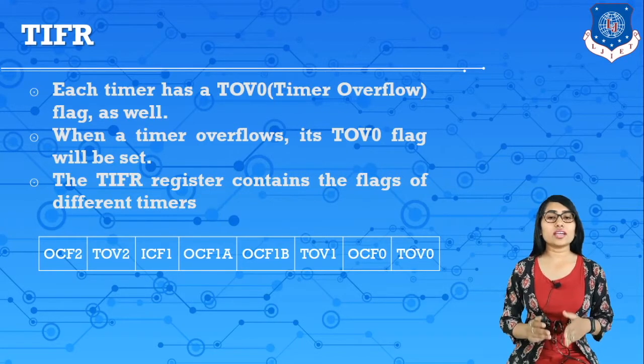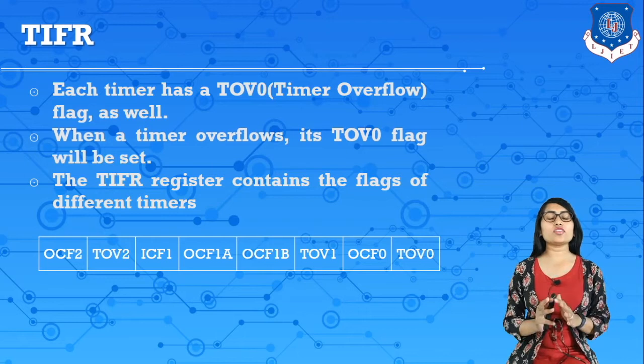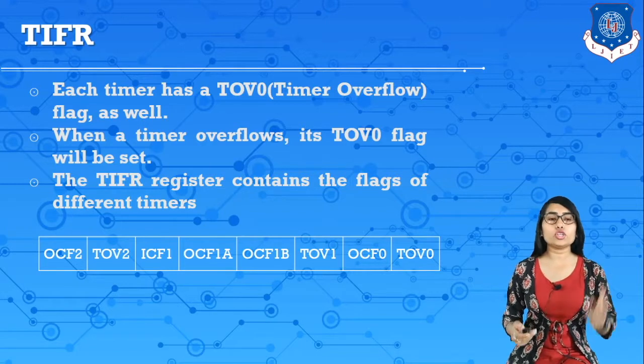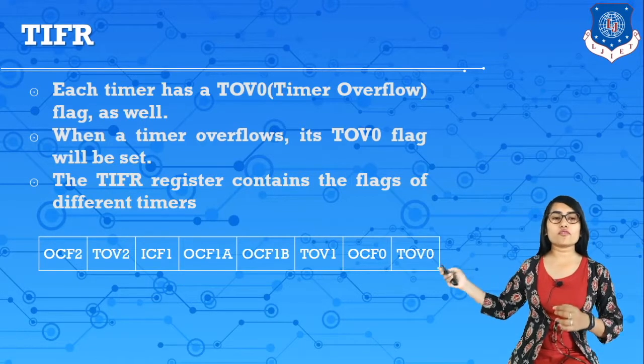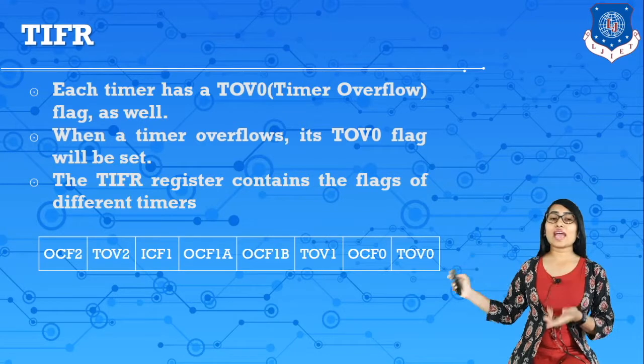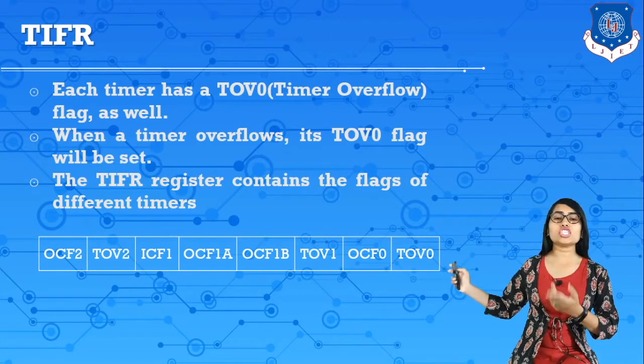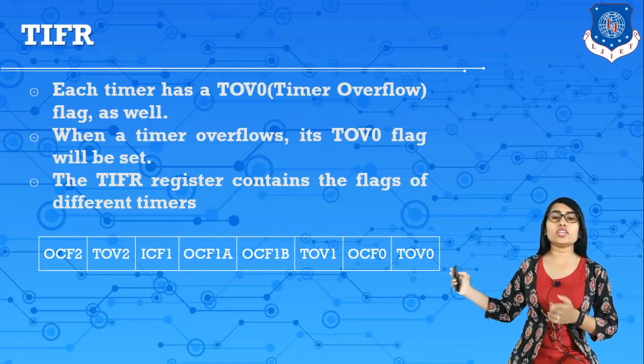The TIFR register contains the flags of timer 0, timer 1 and timer 2. So here we have OCF2, TOV2, then ICF1, OCF1A, OCF1B, TOV1, OCF0, TOV0.